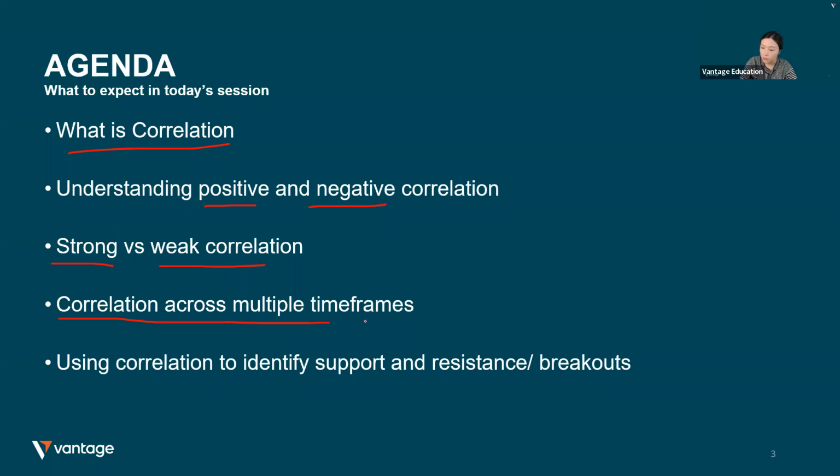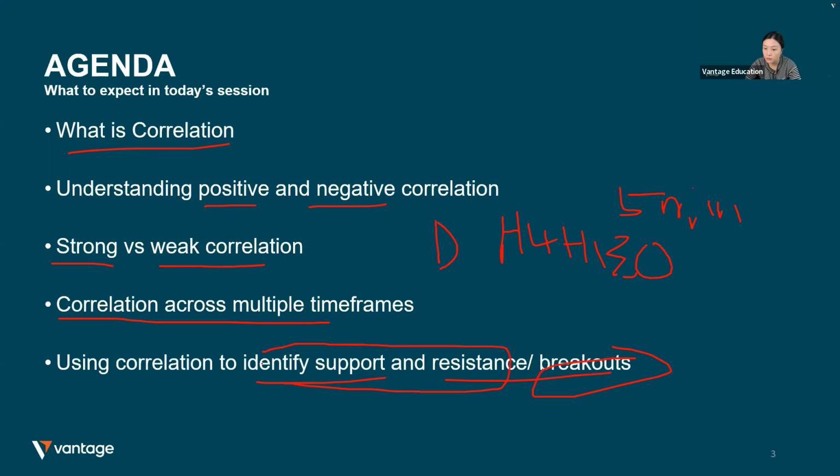Then correlation across multiple time frames, because some of us trade on a daily time frame, we have the H4 traders, H1, 30 minutes, and then the scalpers, maybe 5 minutes. And then we'll use correlation to identify support, resistance, and breakouts. These are the two main strategies that we're going to talk about before I move on to live charts.